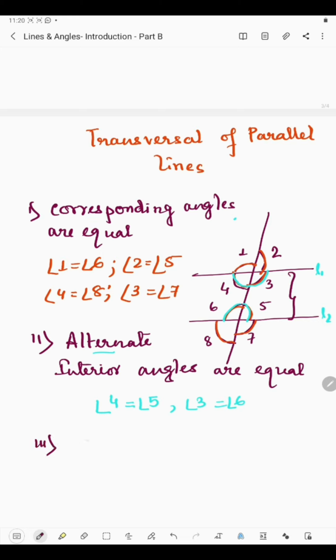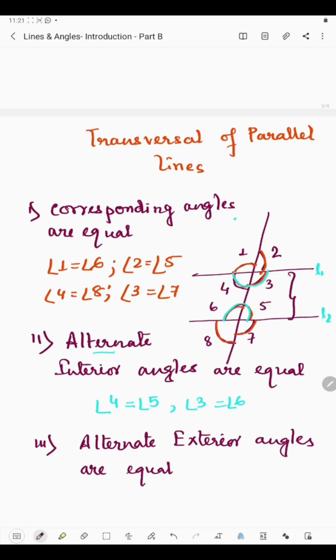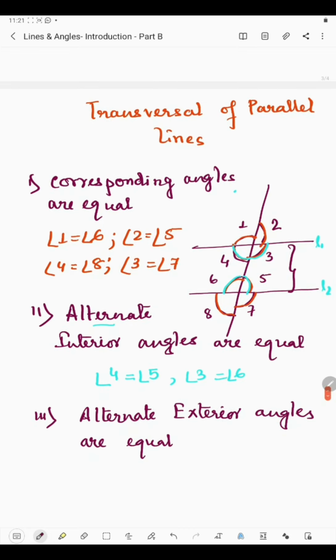Next, alternate exterior angles are also equal, okay. So let us find which are the alternate exterior. Exterior means outside. Now which are outside? See, these angles are outside. So we will have to take the alternate, means if you take the left one, then another angle you will have to take on the right side.